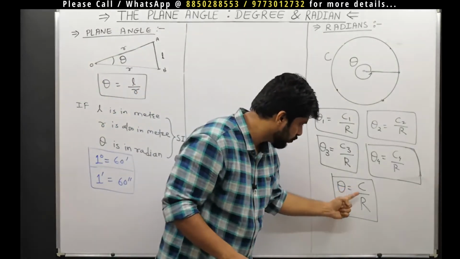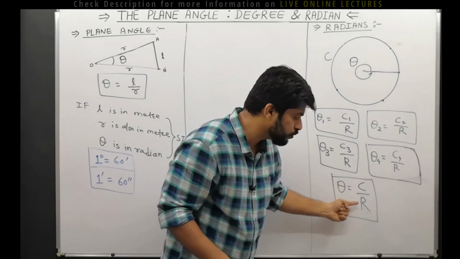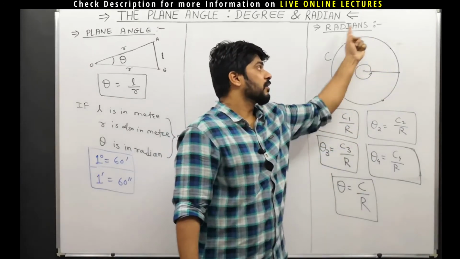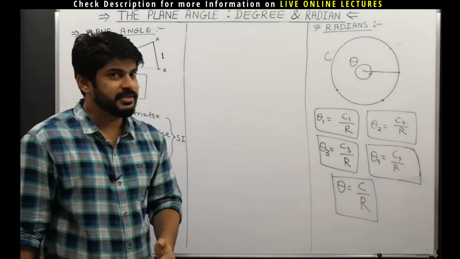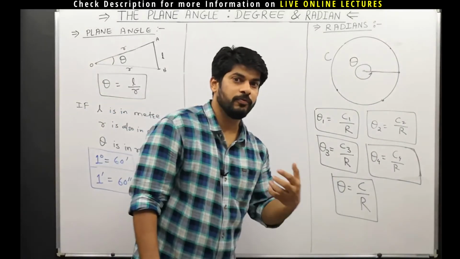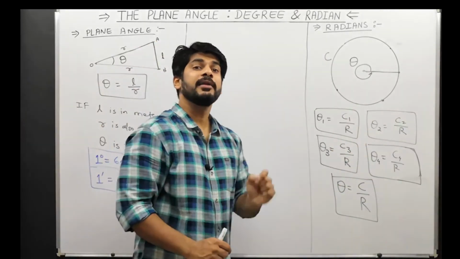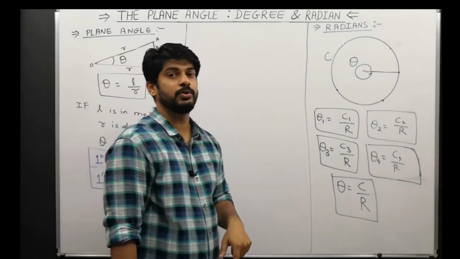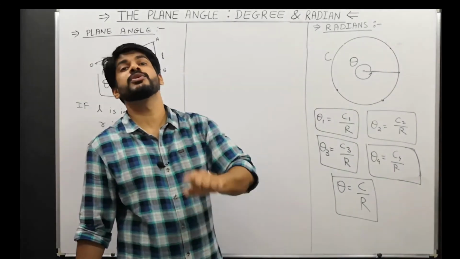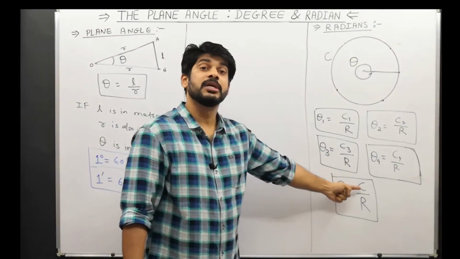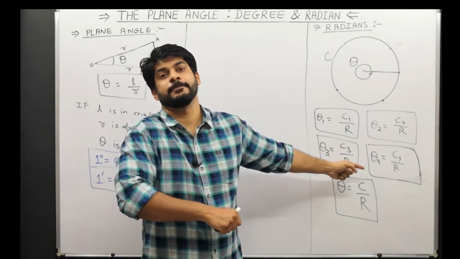Okay, here you can see, look at this equation. Over here is a ratio of circumference to the radius. Now people actually did a lot of analysis about this for various sizes of circles, and they found out that for every kind of circle, for every size of the circle, the ratio circumference upon its radius is always a constant.